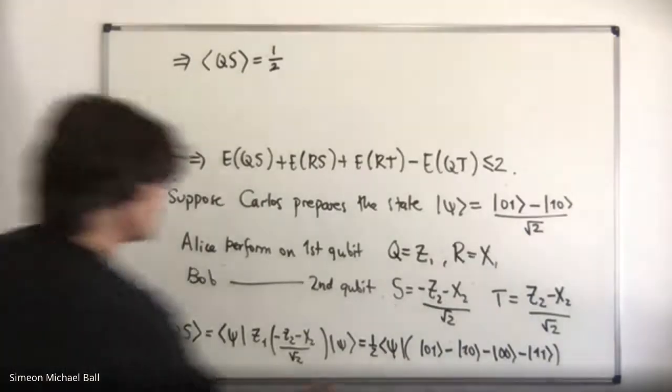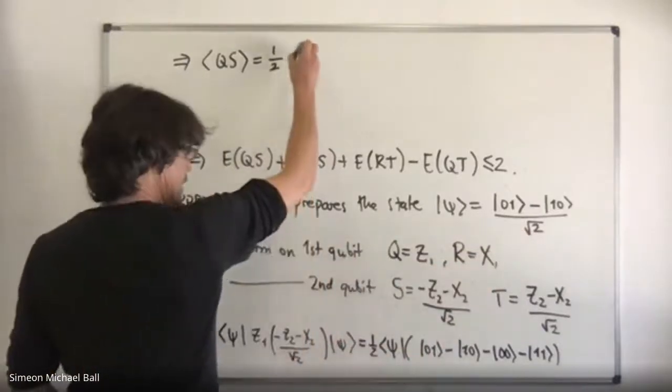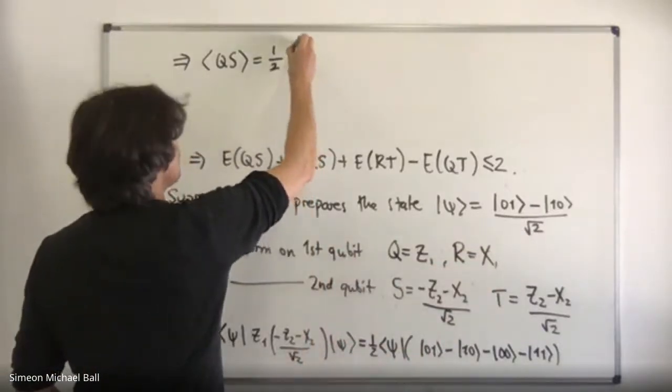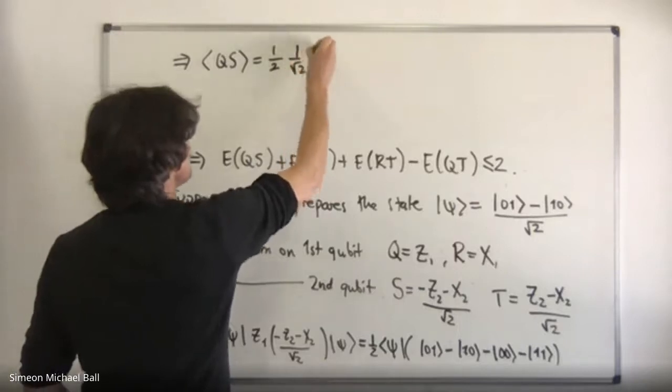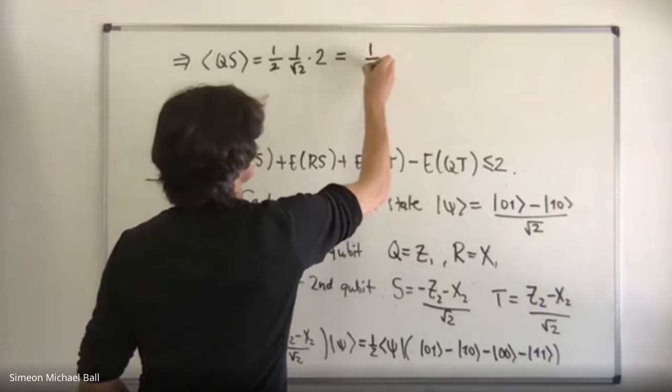And I've got another root 2 coming from this root 2 when I substitute here. So I end up with 1 over root 2 and a 2, which is 1 over root 2.